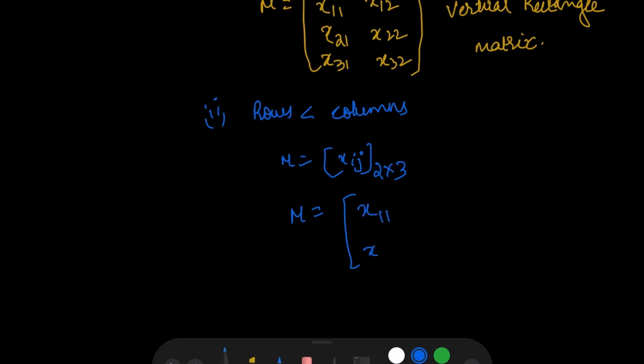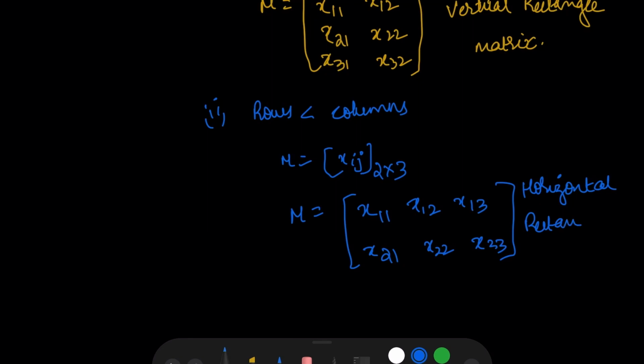The elements will be x11, x12, x13, x21, x22, x23. So this is a simple representation of a matrix where the number of columns is greater than the number of rows. So this represents a horizontal rectangular matrix, right?